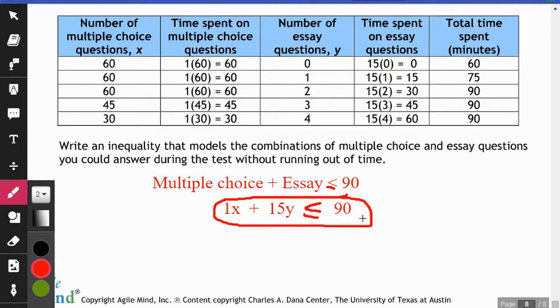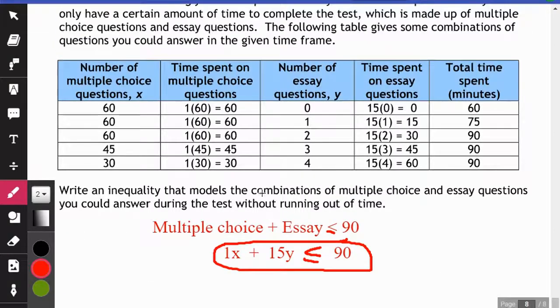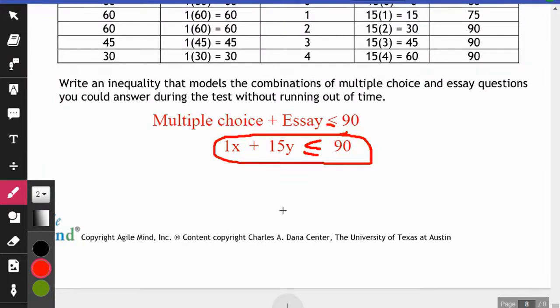Of course, whoever wanted to do a 90 question multiple choice problem, the test would be dying. Point is, hopefully that makes sense. The number of multiple choices plus the number of essay questions at 1 minute per multiple choice, 15 minutes per essay question has to be less than 90 minutes. Okay, that's it. We have finished Unit 8. I'll try to explain things better in the future.